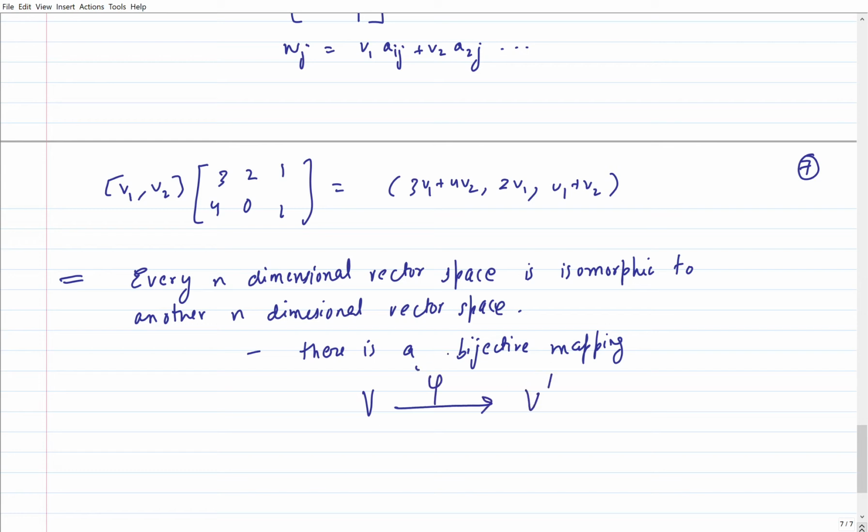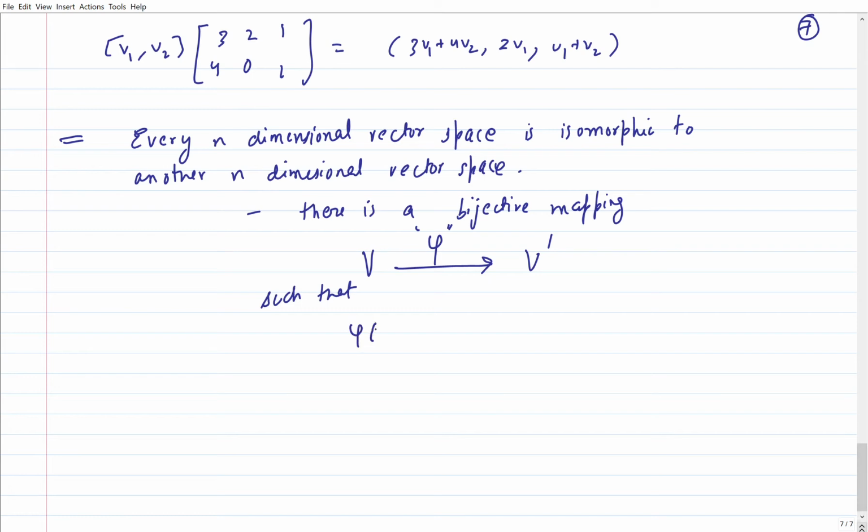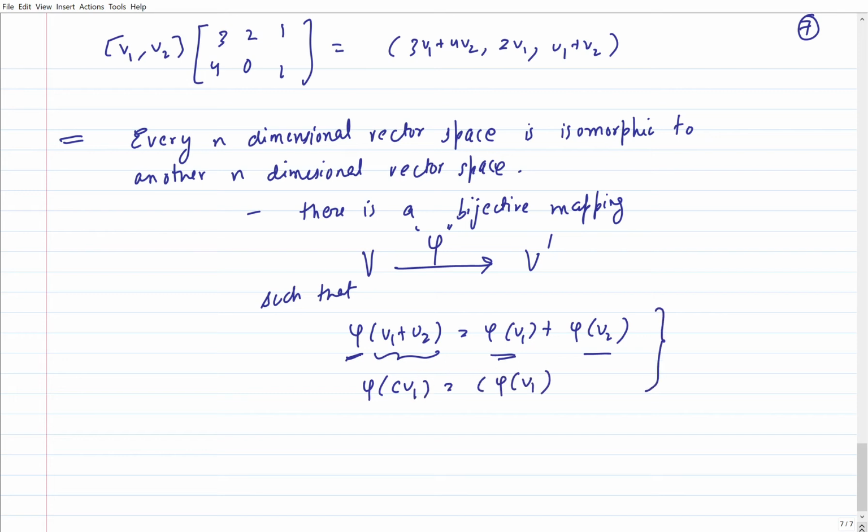This is a map such that vector addition is preserved, whether I add the vectors and then apply the map, or apply the map and then add the vectors, and also scalar multiplication. So this preserves the structure of the vector space.